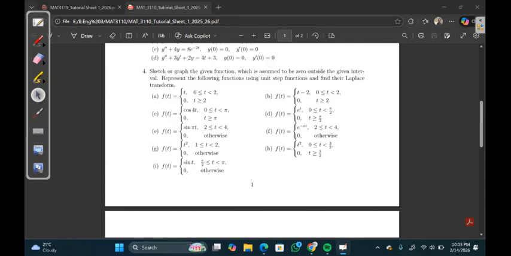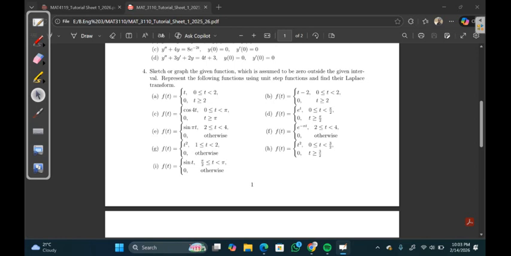Question 4 says sketch or graph the given function, which is assumed to be 0 outside the given interval. Represent the following functions using unit step functions and find their Laplace transforms.